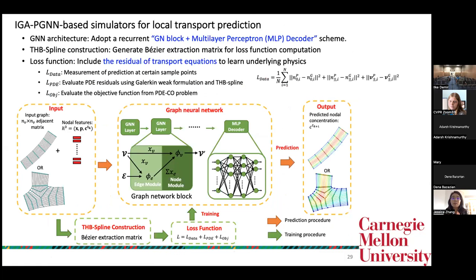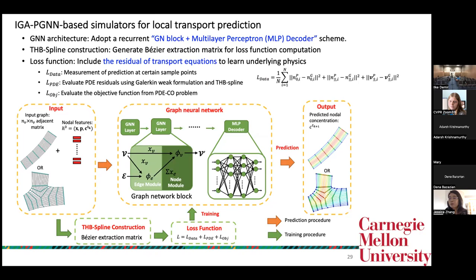In our simulators here, we use a GNN block and a multi-layer perceptron decoder scheme. Since we have truncated hierarchical B-splines, we use the Bezier extraction. Those Bezier extraction matrices are very useful to compute the loss functions.